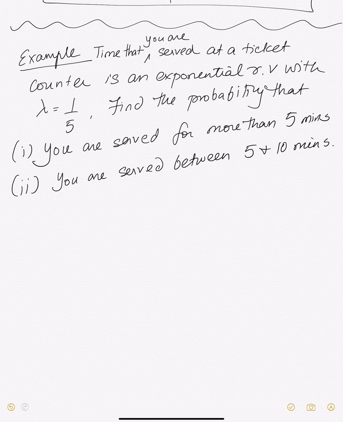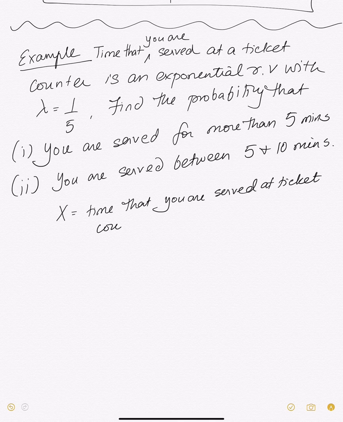All right, so we have that the time that you were served is an exponential random variable. So let's suppose x is the time that you are served. And we know that the density of x is lambda e to the minus lambda x.